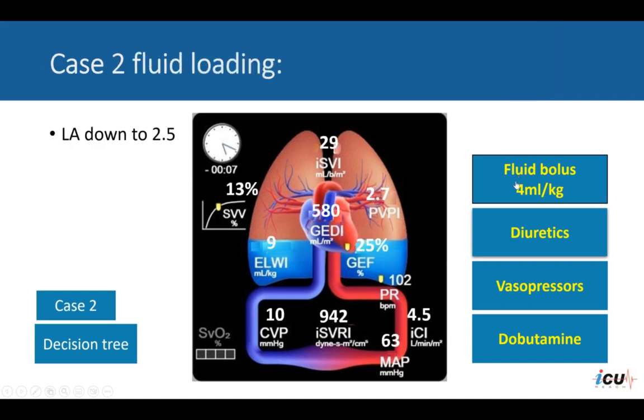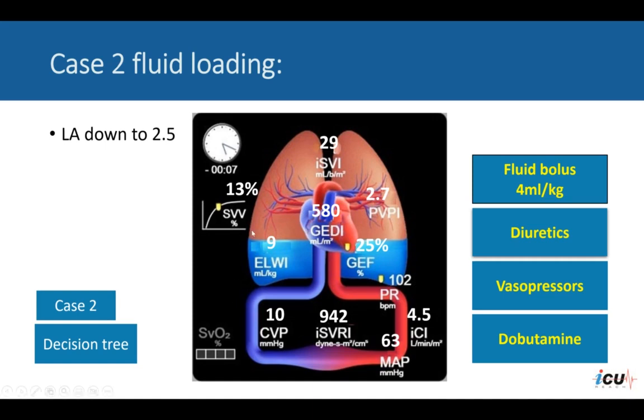So if we give fluid bolus of 4 ml per kg for this patient, notice that slightly improved global end diastolic index, improved stroke volume variation. We have good cardiac functions, global ejection fraction is 25%, cardiac index 4.5, the mean arterial pressure now is 63. Afterload, we still have decreased systemic vascular resistance.